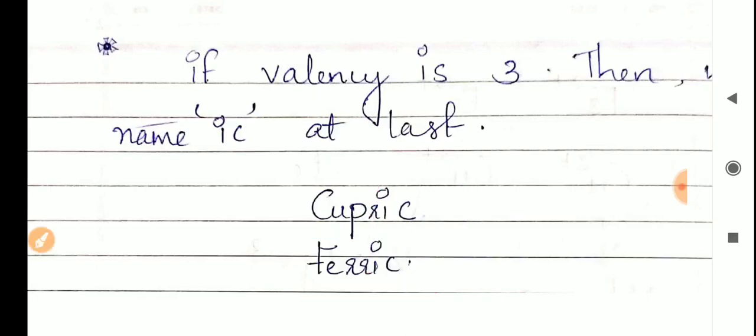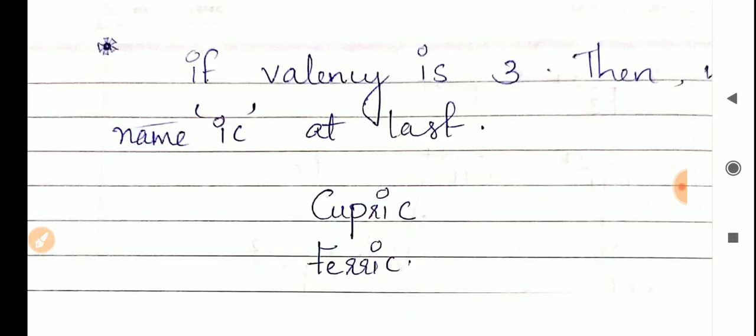So this is variable valency and its features. What is variable valency? Variable valency means some atoms will lose electrons even from their penultimate shell and form more than one valency.